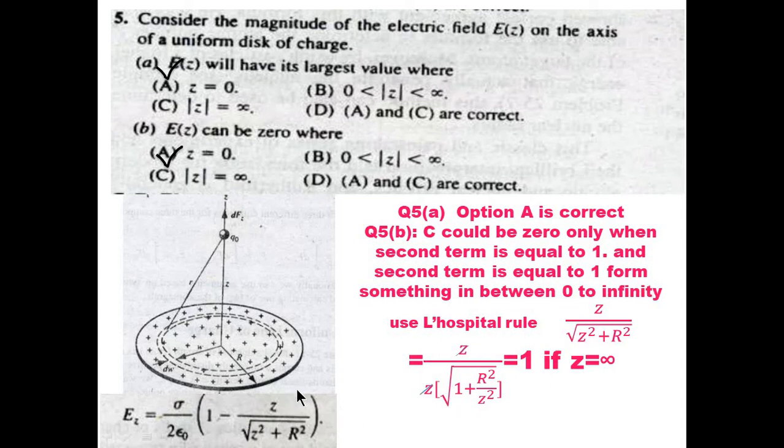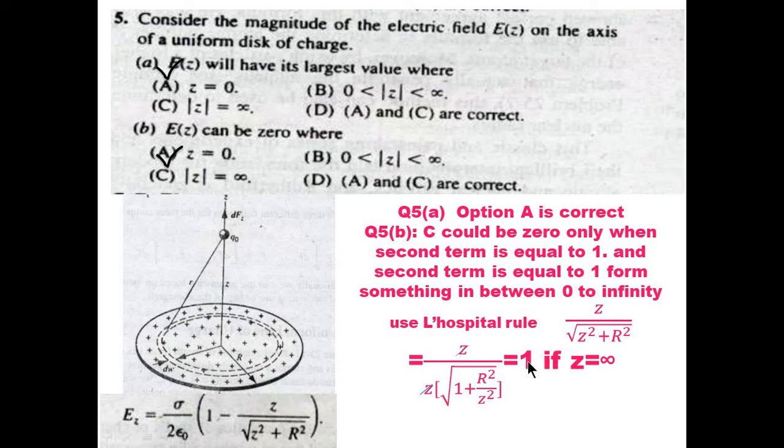This is L'Hopital's rule, used in mathematics. So z over square root of z square plus r square: I can take z square common from under the root. When it comes out of the square root, it becomes z. So what you get is 1 plus r square over z square, and z cancels with this one.